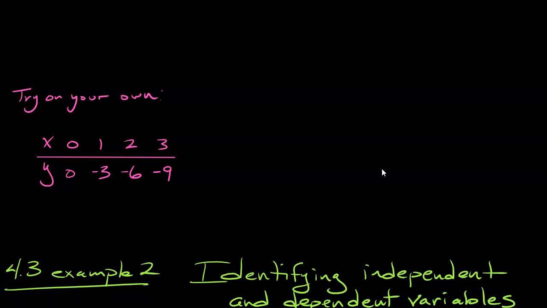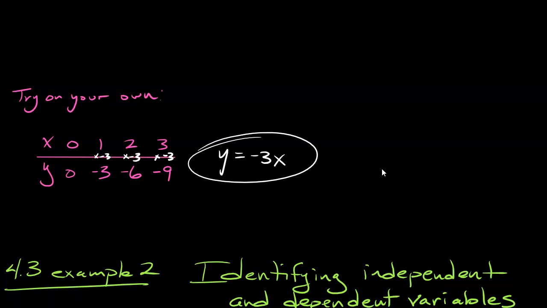Jacob, did you figure out how you can go from the top number to the bottom number each time? Okay, what do we do? Perfect. So if you multiply by -3 each time. Okay, so the top number times -3. So then my equation would be y equals -3 times the top number. Nice job.